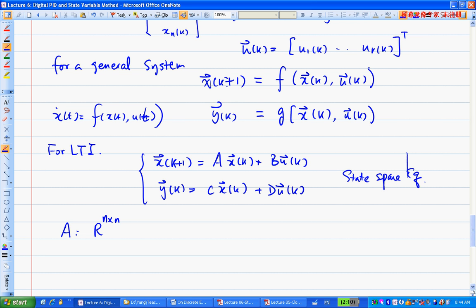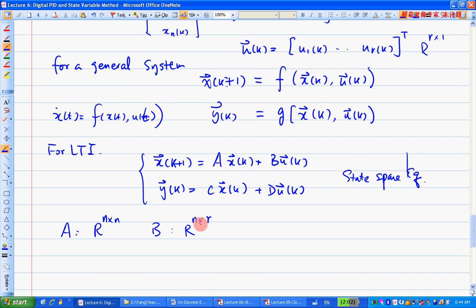And what's B then? Let's say u is r by 1, because there are r number of inputs. So B is not an arbitrary size; it has to be n by r.